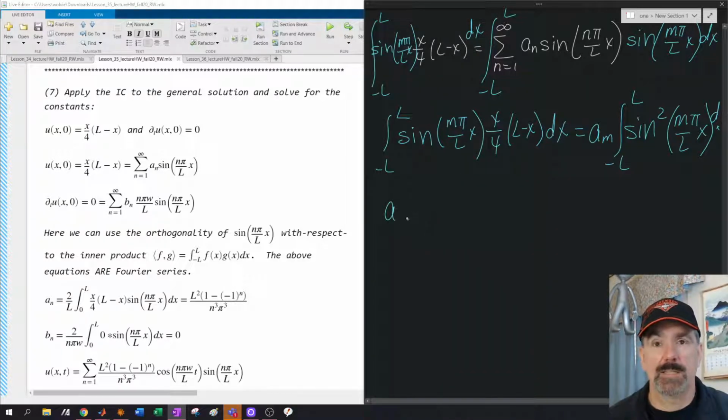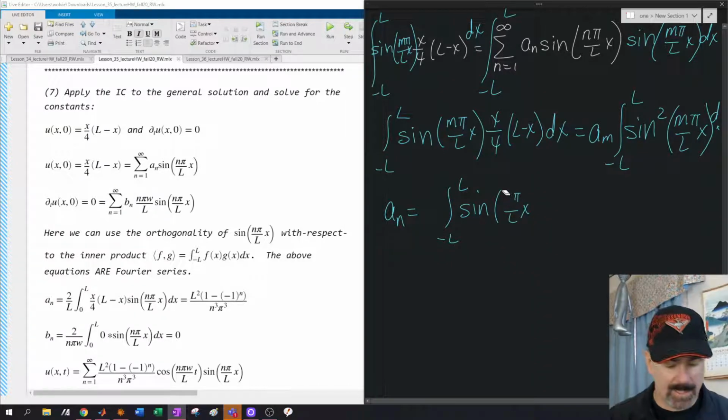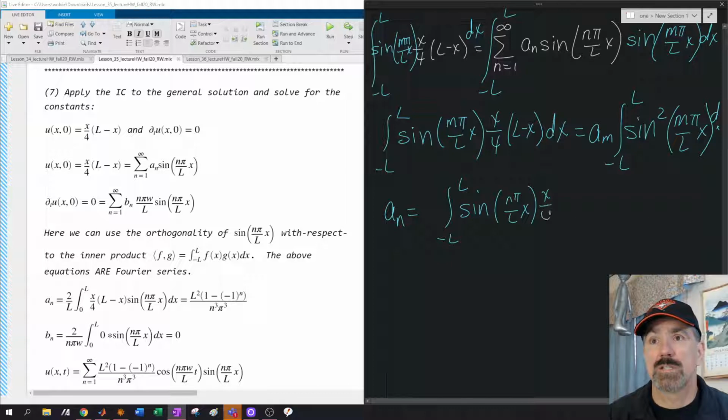That subtlety is generally lost in this conversation. But the point is, it doesn't matter what the index is. For each value, for each one of these basis functions, we can find the constant as this integral from minus L to L sine of m pi over L x, sorry, in this case now it's back to being an n, times our f of x, x over 4 L minus x dx.